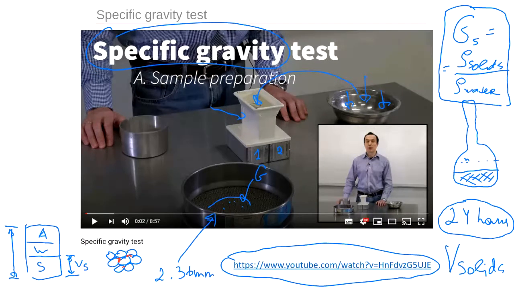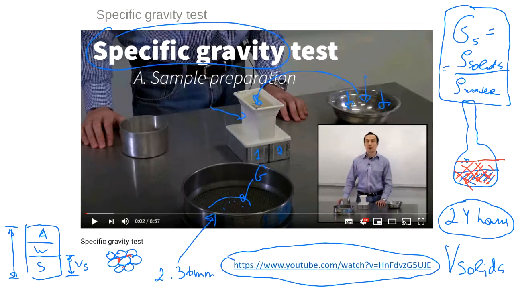Let's say this is the soil, and we still have some air. Even if we pour some water, and imagine everything here is in water, we still have all these air bubbles trapped in water. So we need to get rid of those air bubbles to make sure there is no air and we have only solids and only water. This is the main purpose of this test.